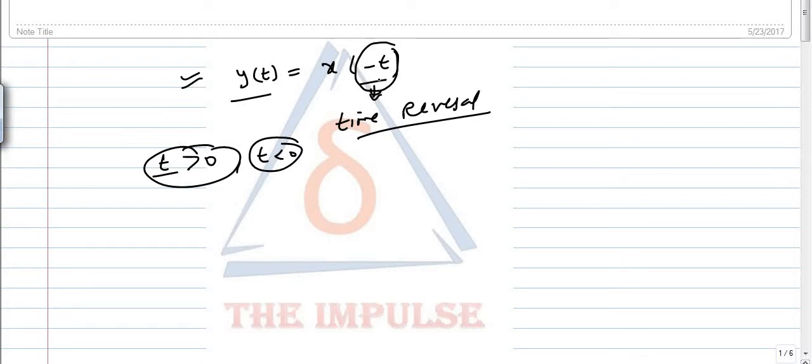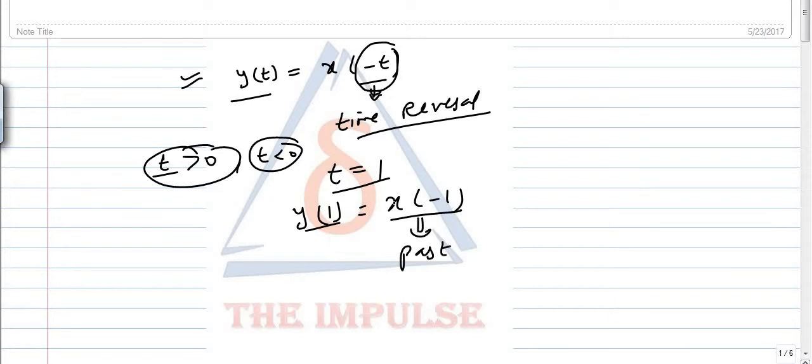For any present time t, let us suppose t equals 1. Then y(1) equals x(-1). If we see here, for the present time t, my output depends on the past value of input with respect to this time t, so one can tell that the system is causal.